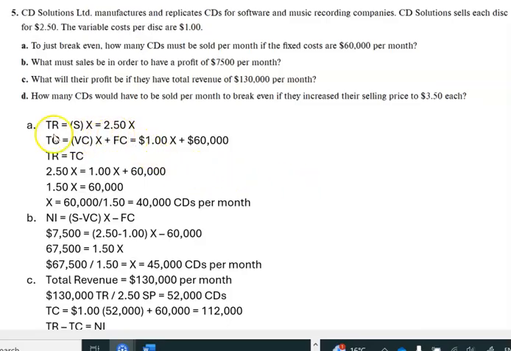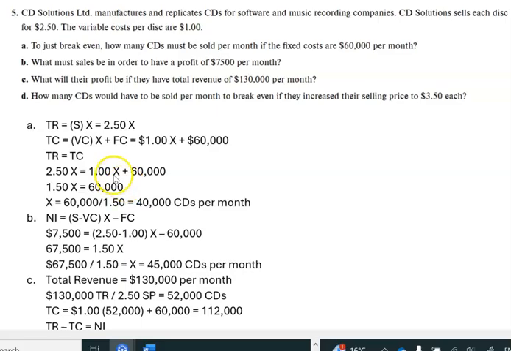Okay. So again, we've got our total revenue, we've got our total cost formula, and we know that to figure out our break even, our total revenue must equal our total cost. So therefore we've got 2.50x, which is our selling price multiplied by x, that's our total revenue, and that equals $1x, which is our total cost, that's our variable, plus 60,000.